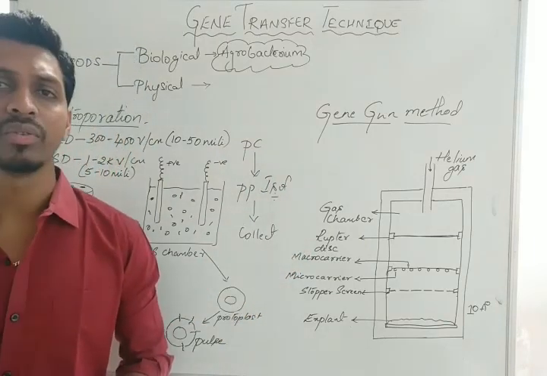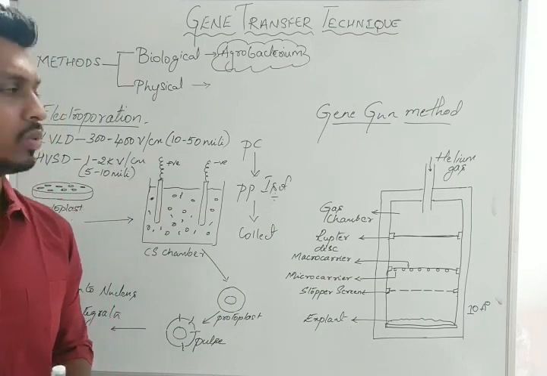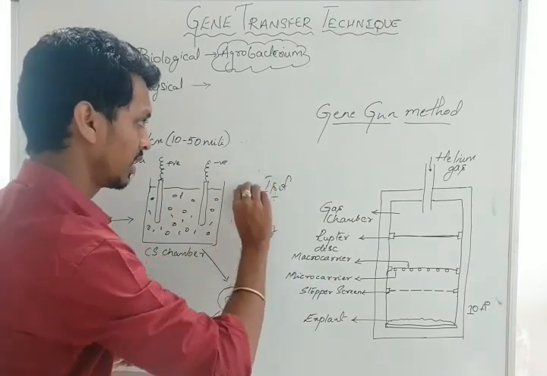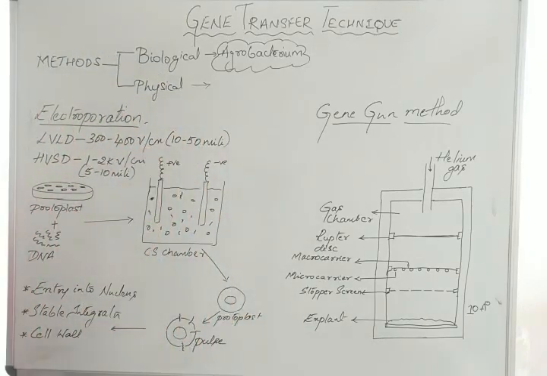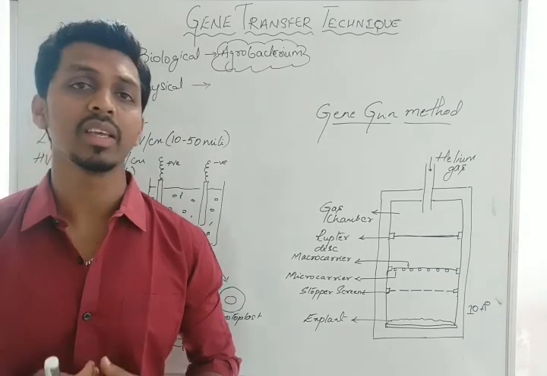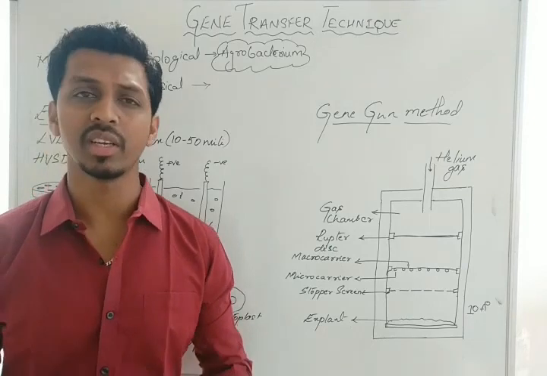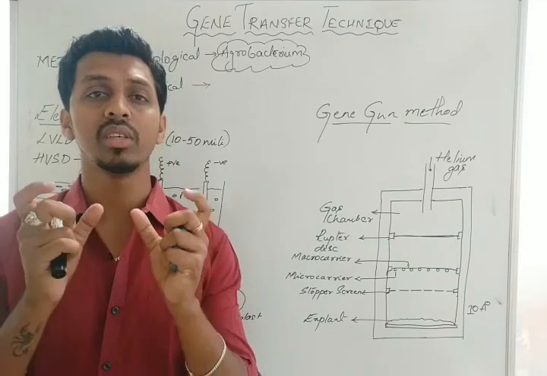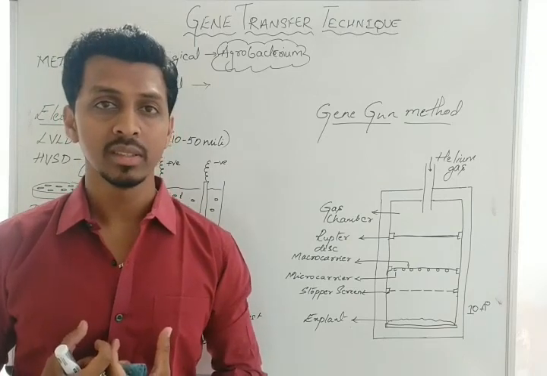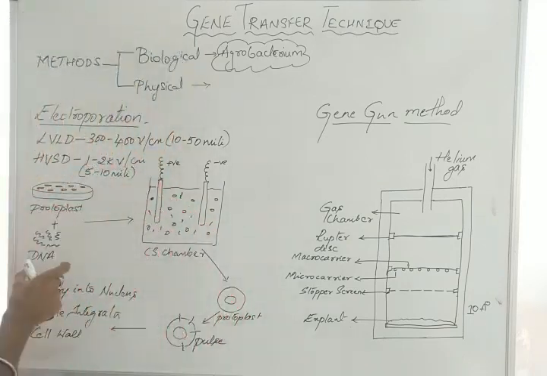That is one of the basic steps for the electroporation method. Once you have the protoplast, the next step is to isolate the DNA of interest. It may be herbicide resistant, drought resistant, or disease resistant.